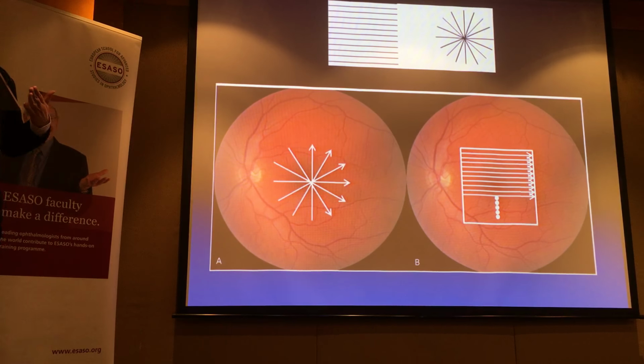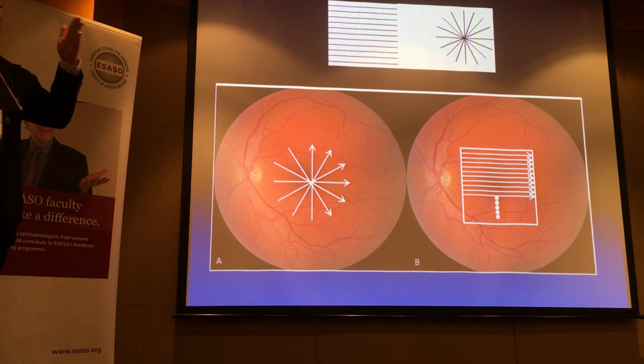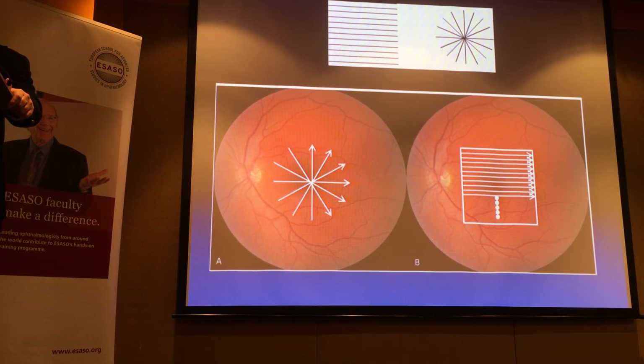And that may be good enough if you're looking for generalized edema, CSCR. You don't expect some variation in between the lines. But for small lesions, you might miss, because if this were the actual spacing of the lines and the lesion is small enough and sits between the lines, you can miss it. Okay, so that's a very important consideration.